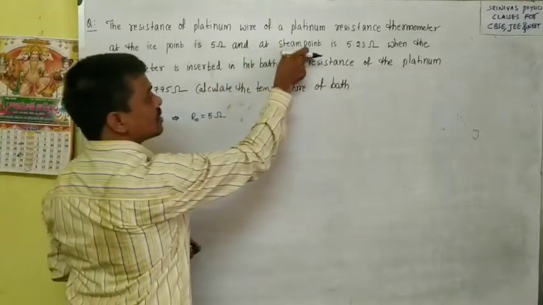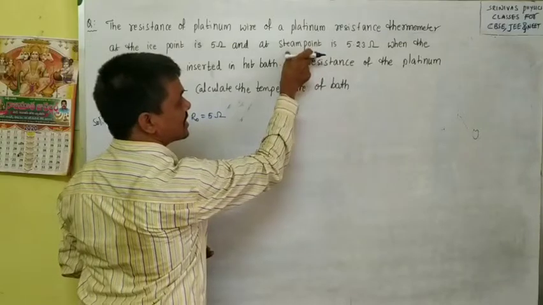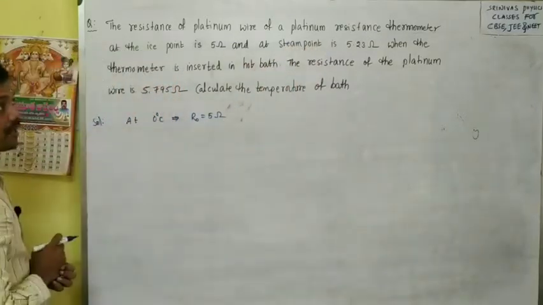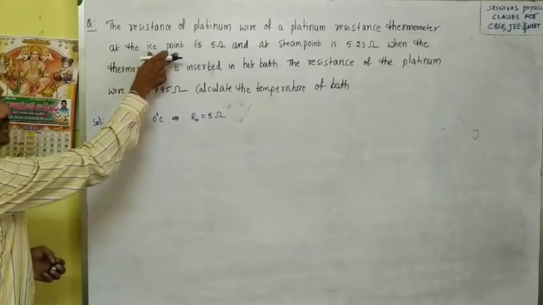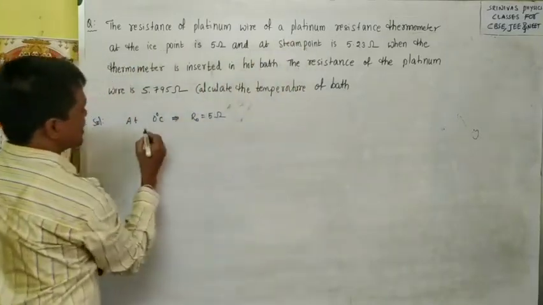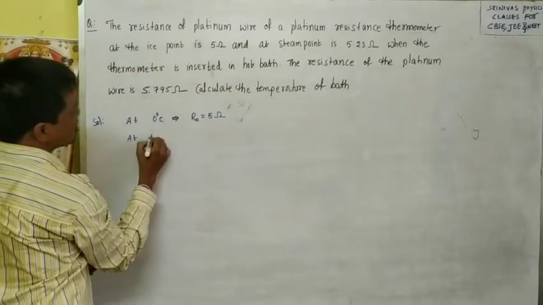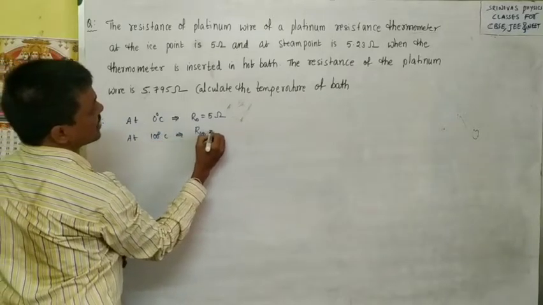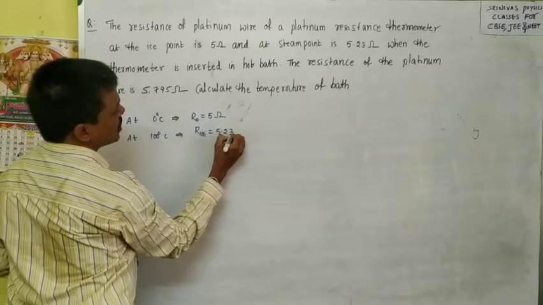And the thermometer is placed in the steam. The ice point means 0 degree Celsius, the steam point means 100 degree Celsius. At 100 degree Celsius it also measures the resistance. What is the resistance measured at 100 degree Celsius? 5.23 ohm.